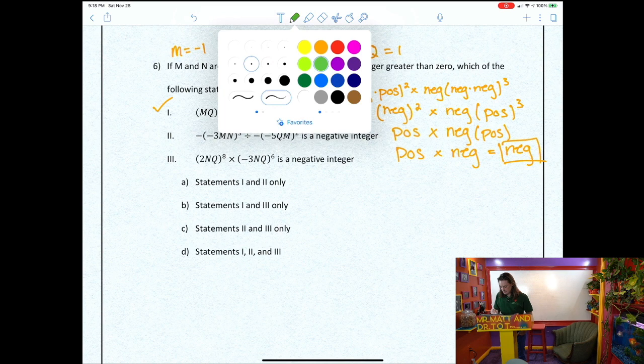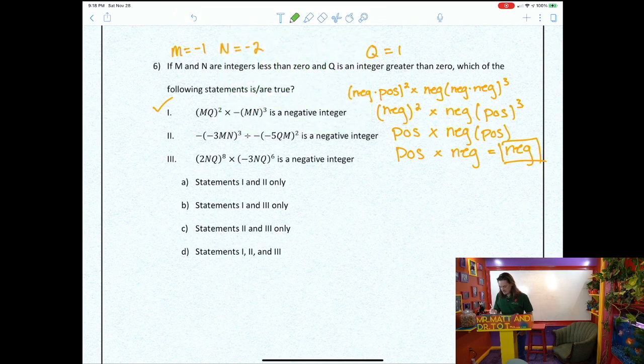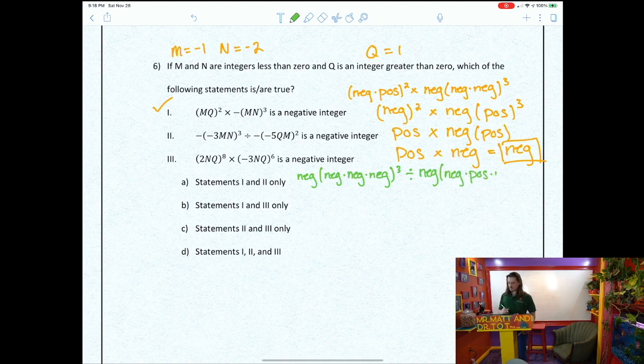Statement 2, we have a negative times negative 3 times m times n quantity cubed divided by negative 1 times negative 5 times q times m quantity squared. So evaluating within the parentheses, on the left we have a negative times a negative times a negative.